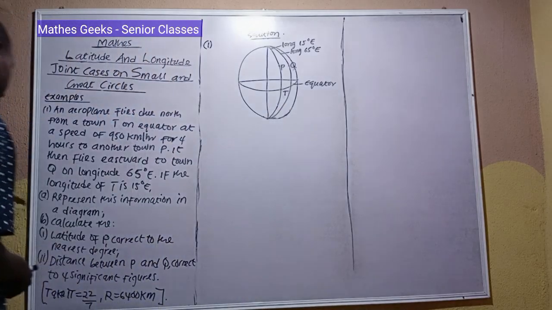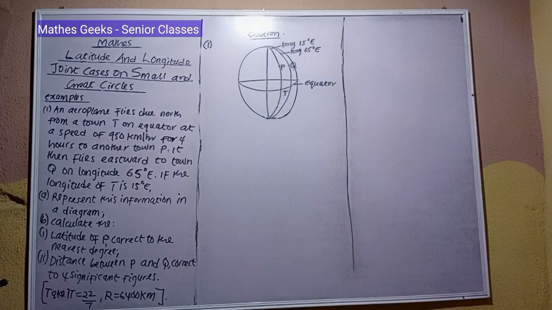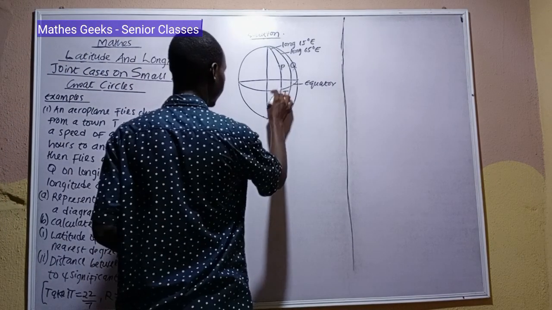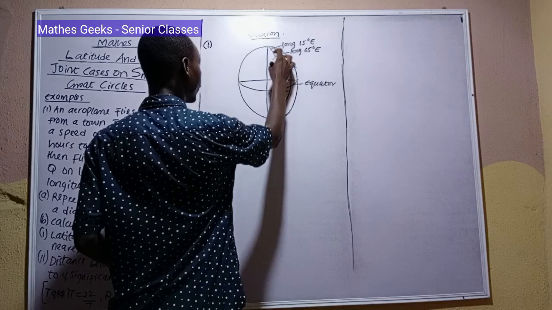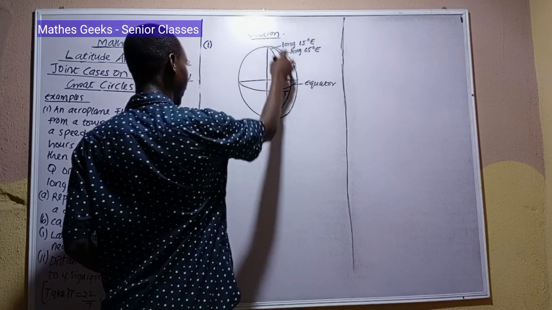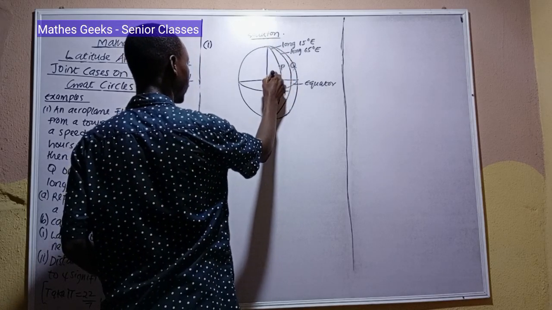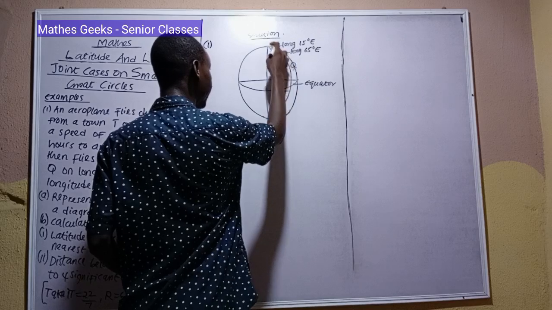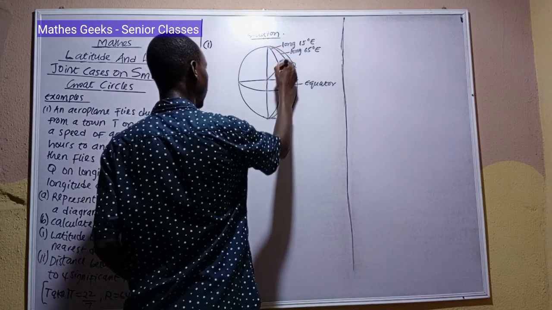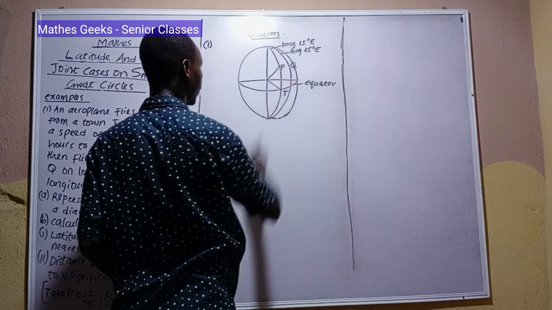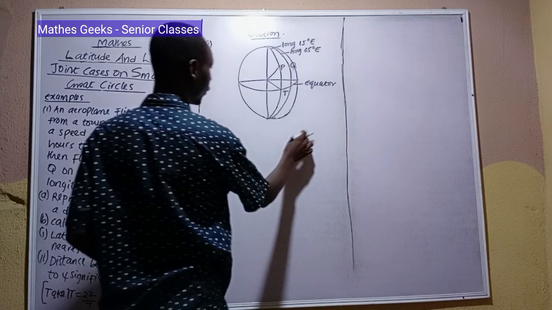Now (b) says calculate the latitude of P correct to the nearest degree. Since P and T are on the same line of longitude, the distance between P and T is on a great circle.